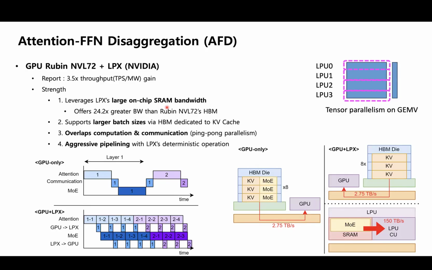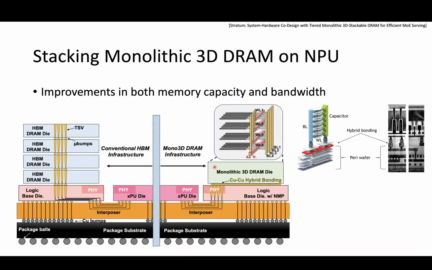So ideally we need large capacity, large bandwidth memory. That's why 3D stacked DRAM is being studied and will be commercialized in the near future, because 3D stacked DRAM can provide a large number of wires.